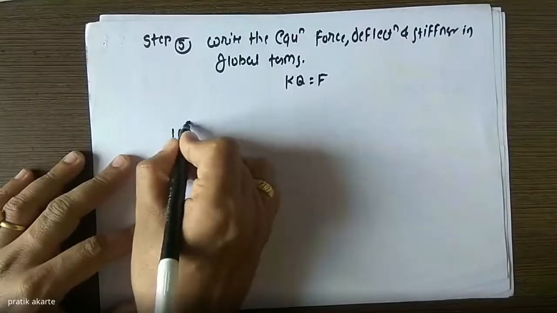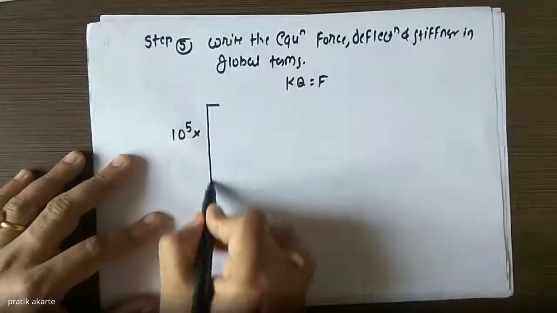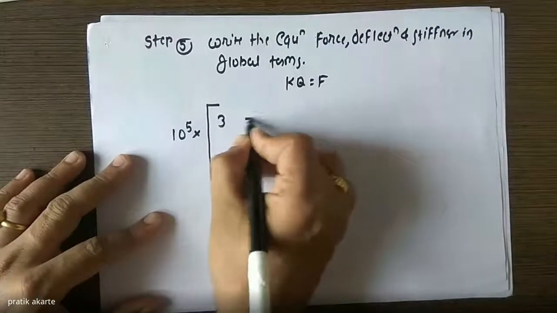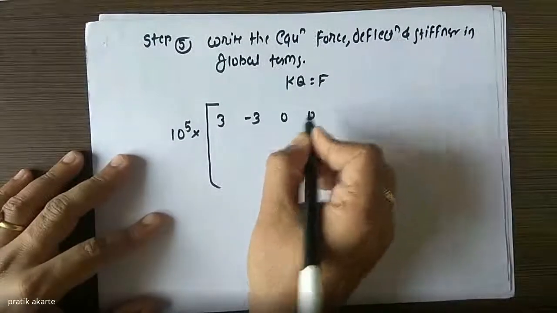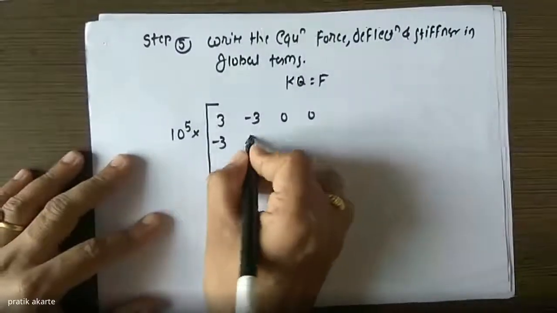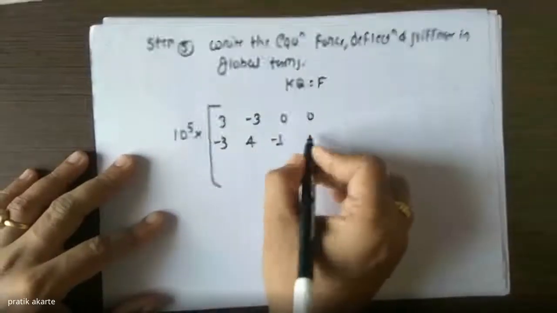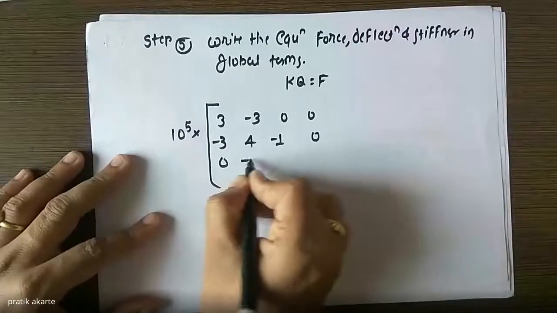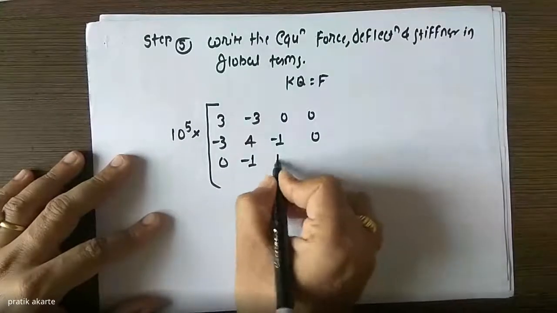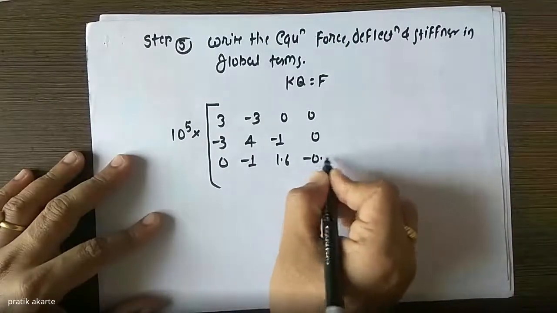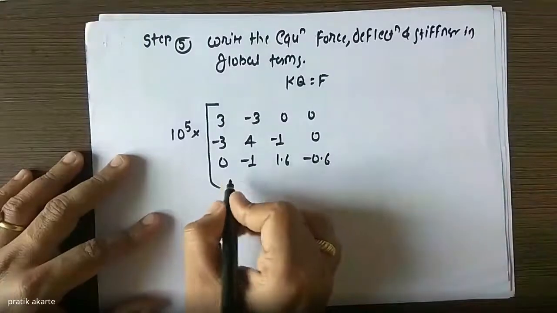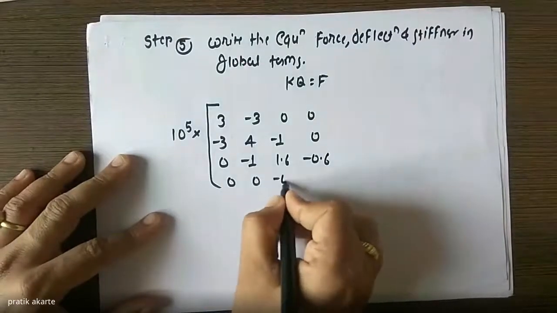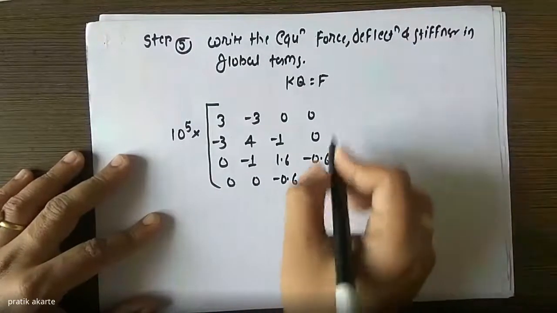Let us write it: 10 raised to 5, 3, minus 3, 0, 0, minus 3, 4, minus 1, 0, 0, minus 1, 1.6 and minus 0.6, and 0, 0, minus 0.6, 0.6.